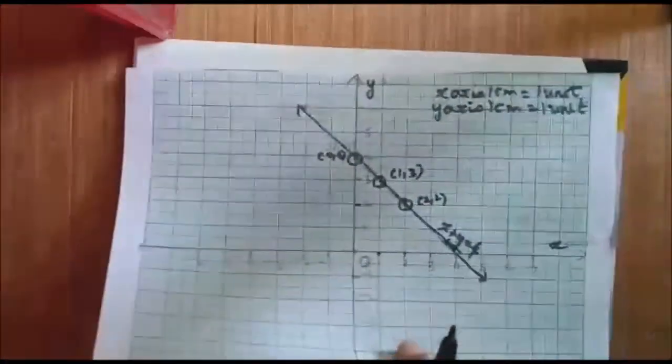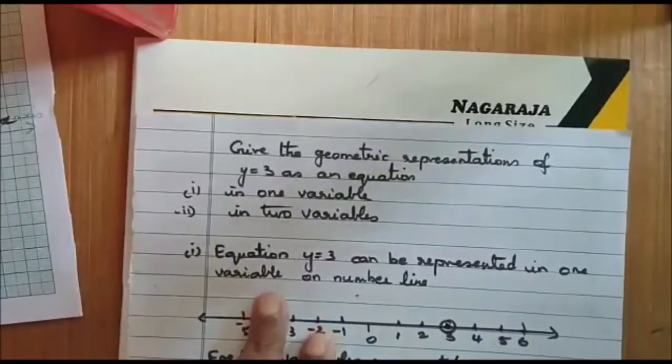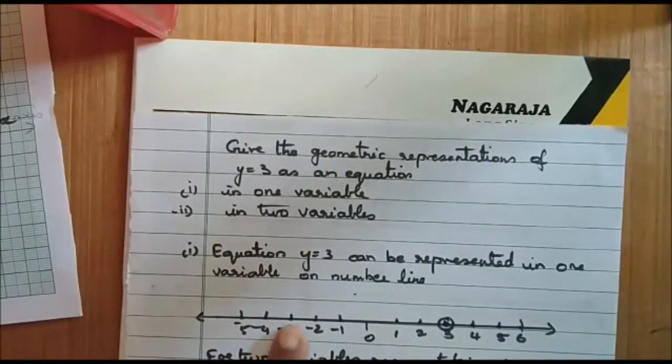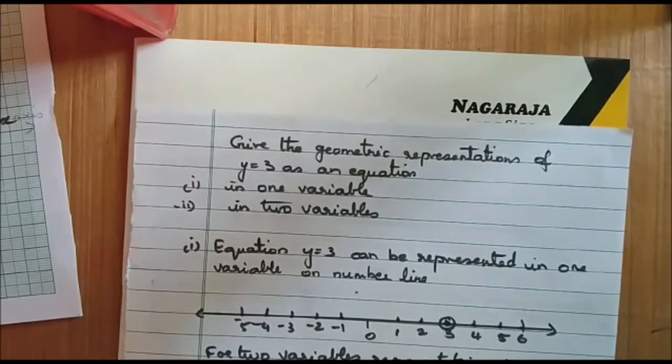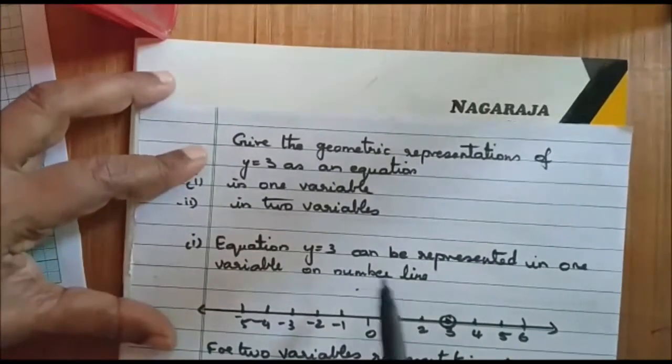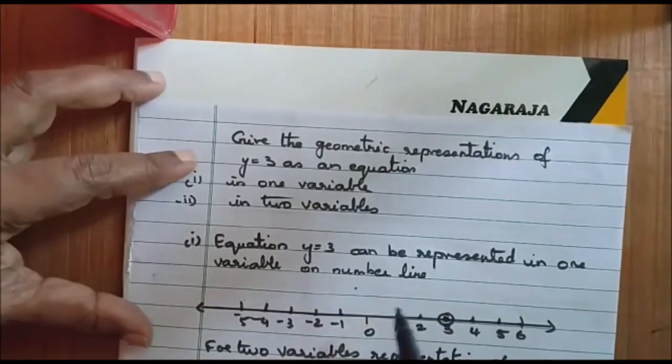So now we will go to the next topic. You have to write the geometric representation of the equation y equal to 3 in one variable and in two variables. Now this equation y equal to 3 can be represented in one variable on the number line.